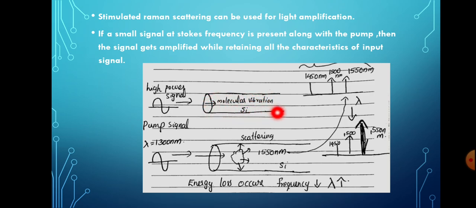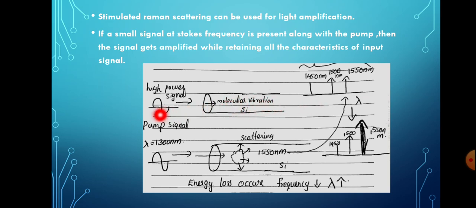We are using silica glass as the core material. Suppose this is the wavelength axis, and the fiber is transmitting different wavelengths such as 1550 nanometer, 1500 nanometer, 1450 nanometer, and so on.